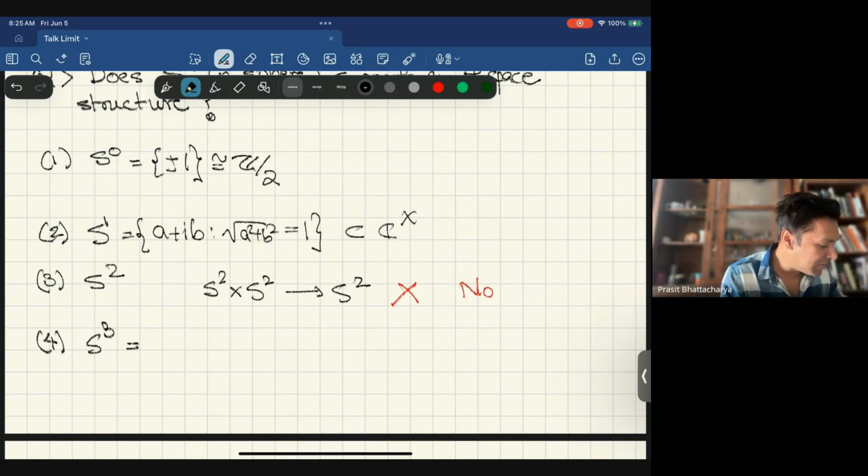Actually, S^3 does have a multiplication, because you can think of this as sitting inside the unit quaternions. So there are quaternionic multiplications on R^4.